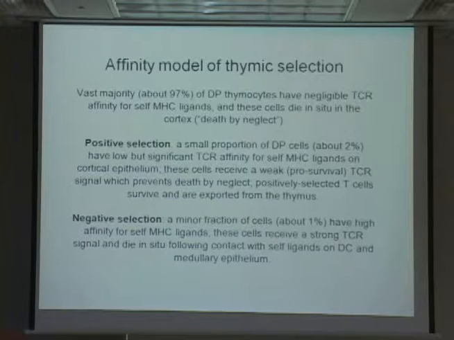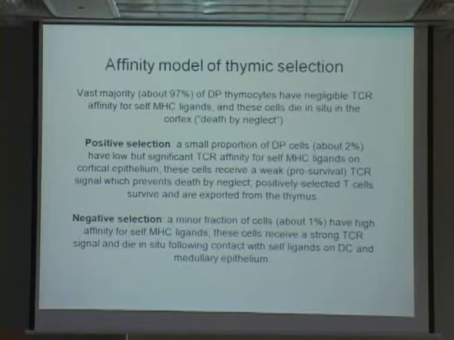So these cells have to be destroyed. And they're destroyed because they have strong reactivity, because TCR signaling is strong, and these immature cells, unlike mature cells, cannot withstand strong signaling, and so they die. And this is called negative selection.